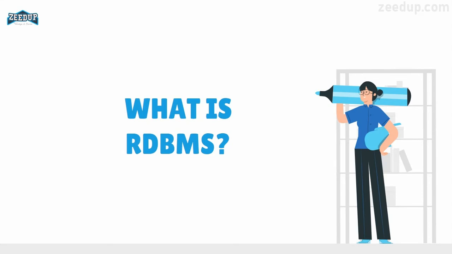RDBMS is the basis of SQL, and of all the modern database systems like MS SQL Server, Oracle, MySQL, and Microsoft Access. So we know these are the different RDBMS tools, as we have already covered them in one of our videos. And RDBMS is a database management system which is based on a relational model which was introduced by E.F. Codd. So if we talk about the father of the relational database, that title is given to E.F. Codd.